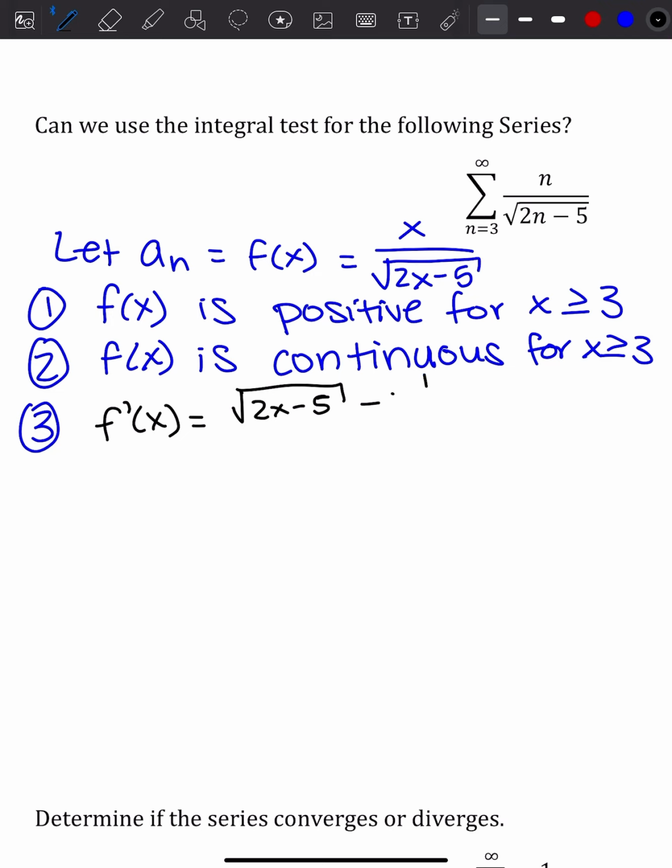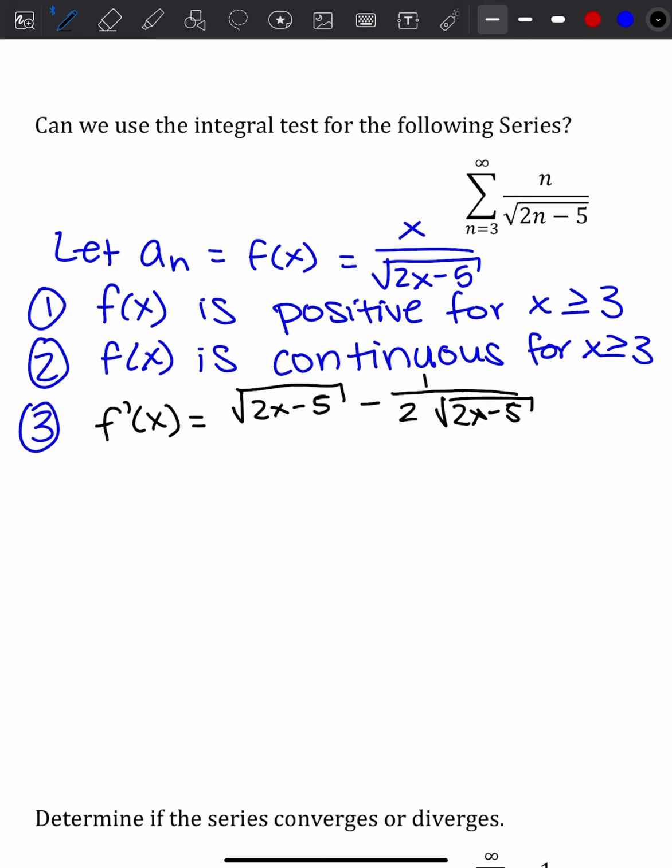So we have 1 over 2. If we take the derivative of the 1/2 power, we get this 1/2, and then it becomes the negative 1/2 power, so we have the square root of 2x minus 5 in the denominator, because negative 1/2 goes to the denominator, back to a square root.